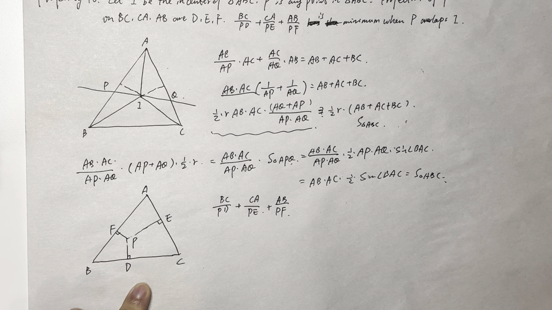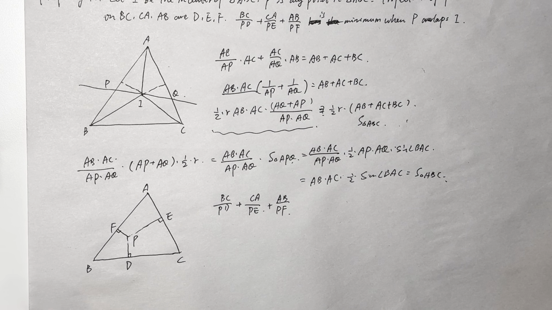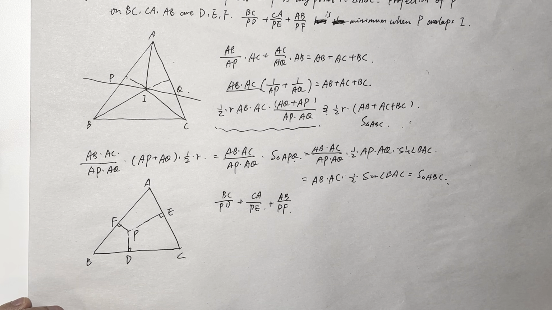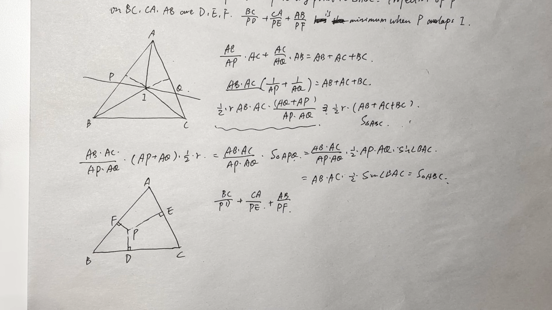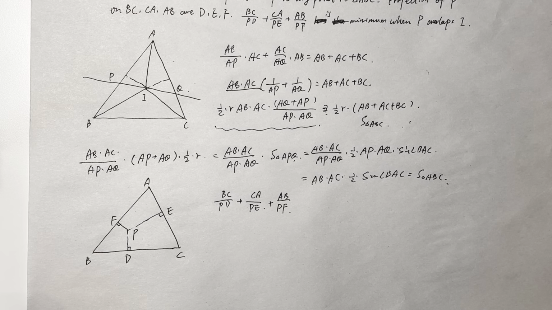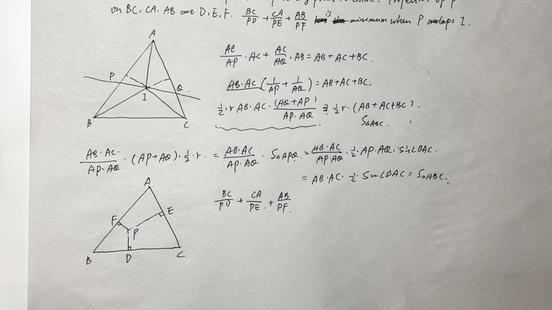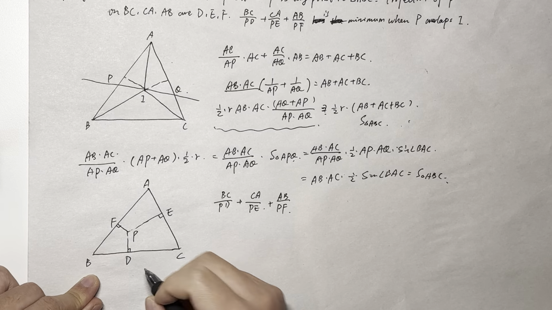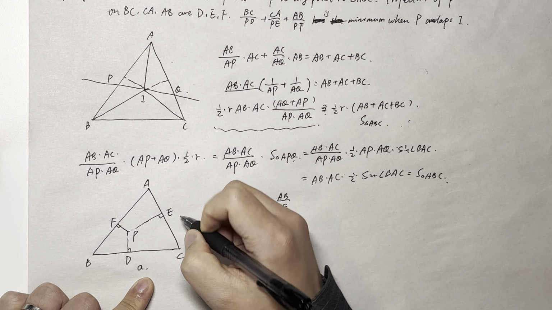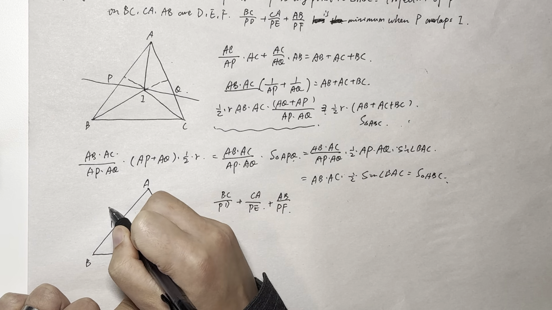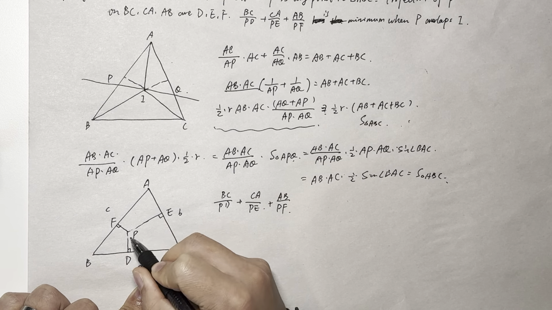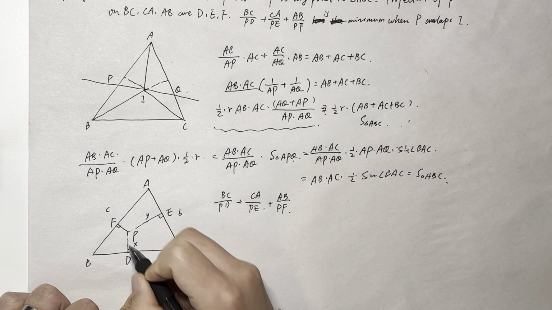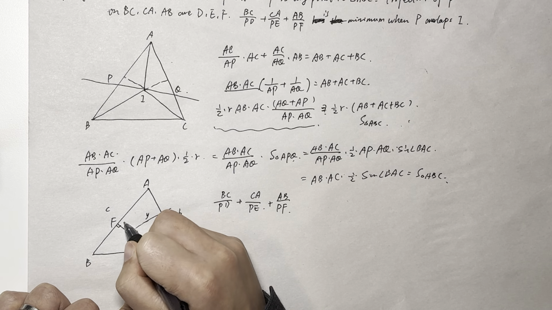I'm not sure the audience understands a little bit of the Cauchy inequality or not, but hopefully you know that. Then this would be a straightforward thing, because let's set BC equal to a, AC equal to b, AB equal to c, and let's set PD to be x, PE to be y, PF to be z.